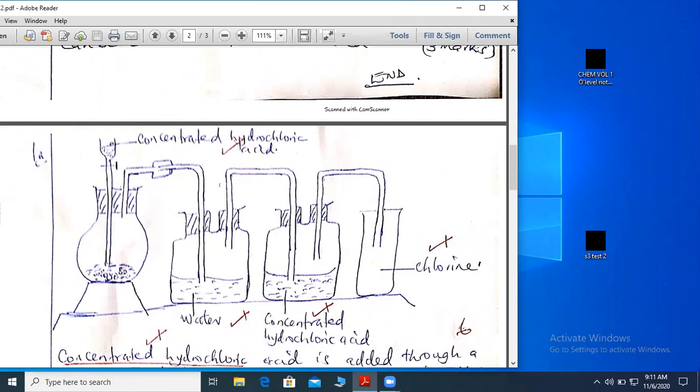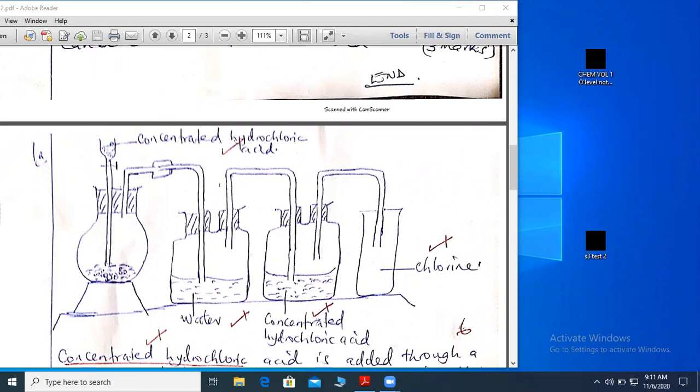So this is water. What is the role of water? Someone tell me what is the role of water there? To remove hydrogen chloride. Very good. To remove hydrogen chloride fumes.